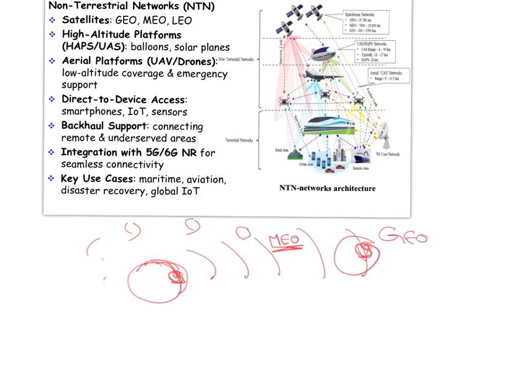Not only that, if you move with a speed different from the Earth, you need to provide what we call handoff, which means that you need to hand off the traffic from one user, from one satellite to another at different times. You cannot maintain the entire communication with one satellite. You lose that.